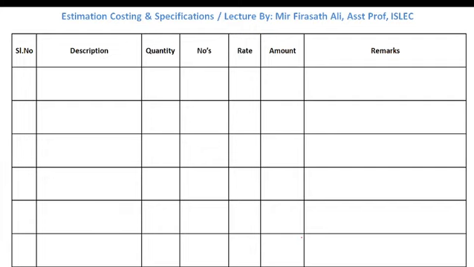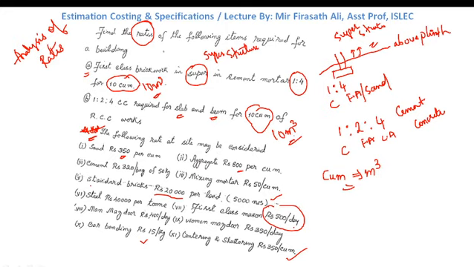We will write this description categorically, so you need to draw this table. If you draw this table, the calculations will be easy and the descriptions more comfortable. First of all, we start with first class brickwork in superstructure.